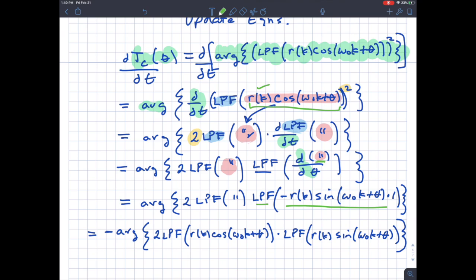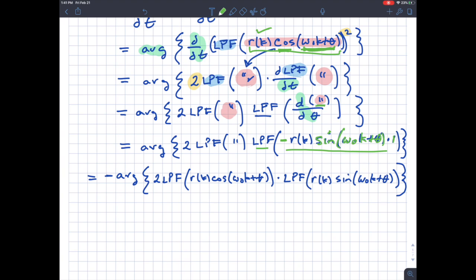R of k does depend on an oscillator, but the phase is phi, not theta. So R of k acts like a constant, cosine is on the outside, then we have the inside. The inside does have a theta on it, so the derivative of cosine is minus sine, so I get this minus sign here. Then the sine function, leaving the inside alone, so w naught k plus theta. Then we multiply by the inside derivative of the cosine argument, which happens to be 1 in this case.